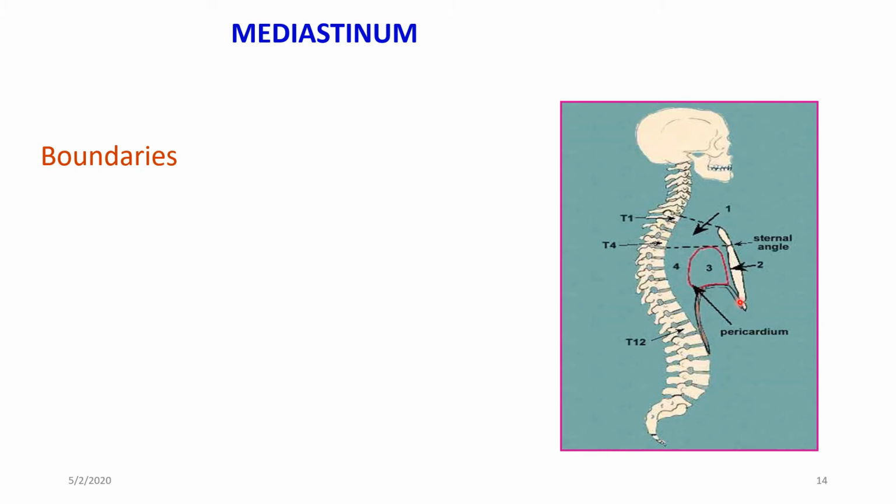Then below you can see the dome of the diaphragm. So the upper surface of diaphragm is also contributing to the boundary of it. And above you are seeing all dotted lines. They are the imaginary lines that show the boundaries of the mediastinum.